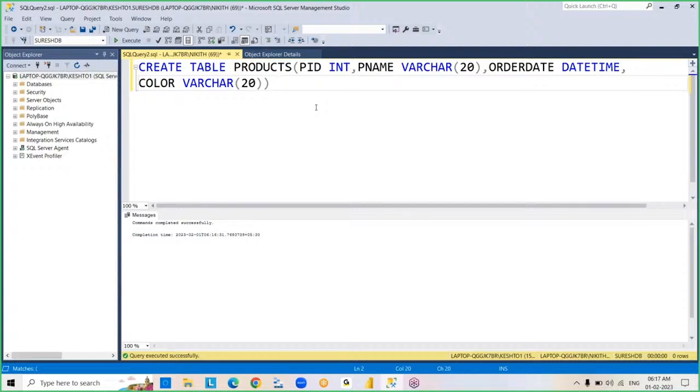Only structure, because a table contains columns and rows, right?